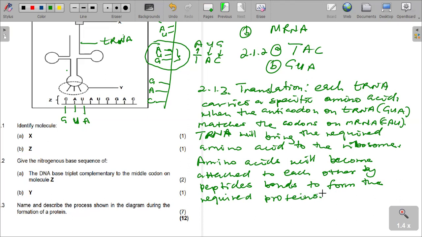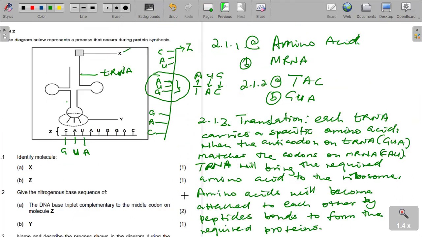So what we are basically saying, guys, is that proteins are formed as a result of amino acids that are joined together. Amino acids are the building blocks of proteins. When they join together they form a chain, which is held by peptide bonds, and it will form the type of protein that is required.